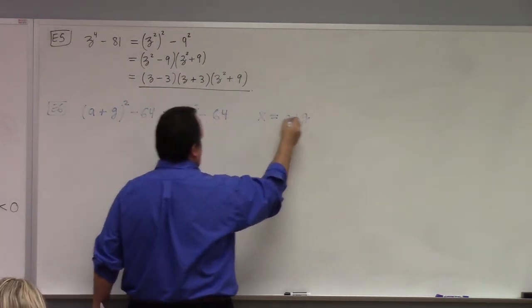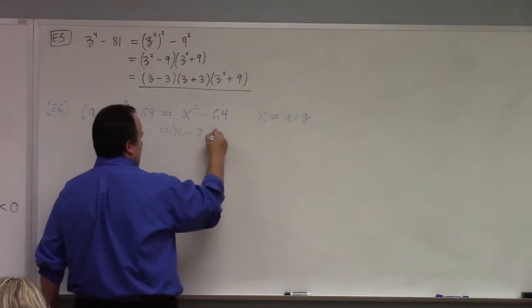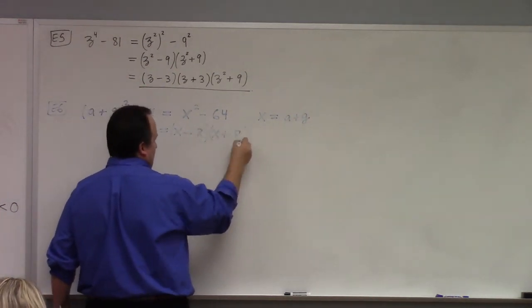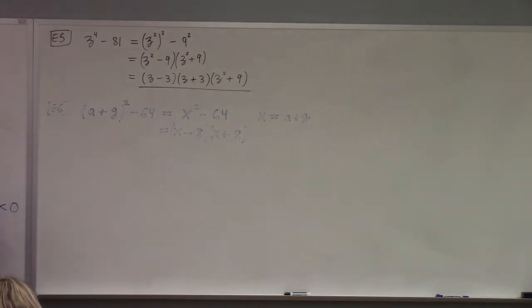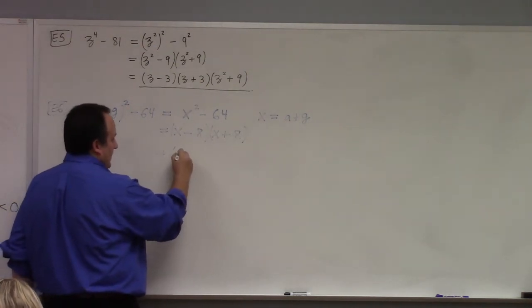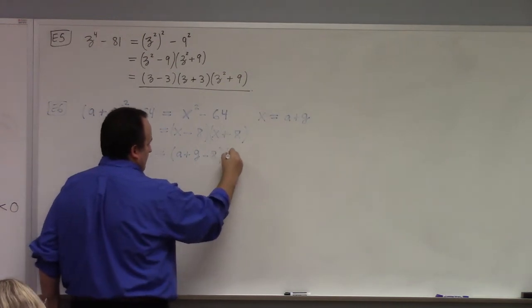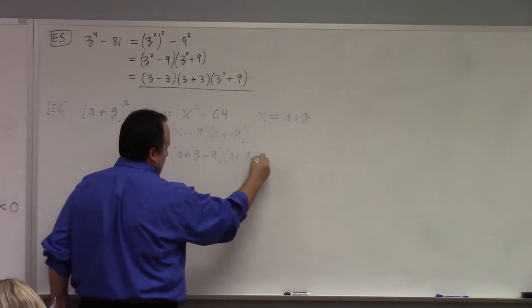So with that substitution, this is x minus 8 times x plus 8, because 64 is 8 times 8. So that's actually difference of squares, again. And then put back in the substitution, you've got a plus g minus 8, a plus g plus 8.